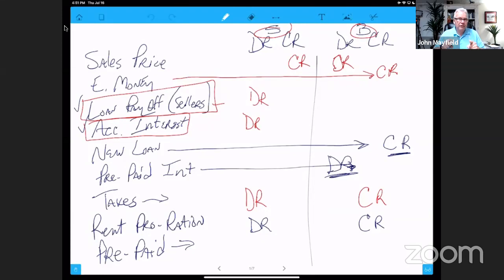Now, you will have to calculate a sales commission. And I don't have that on here, but the commission, can't forget that, is always going to be a debit to the seller. Okay? So that's pretty much how you go through the closing statement.